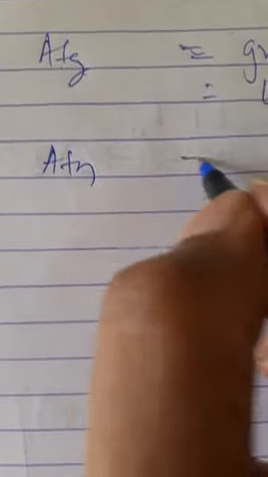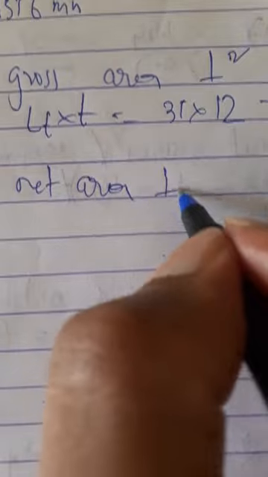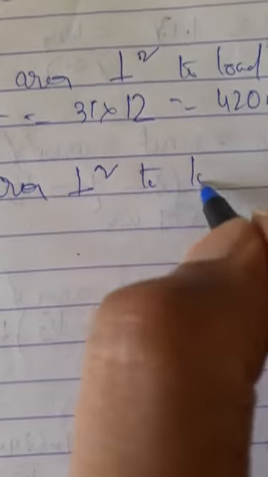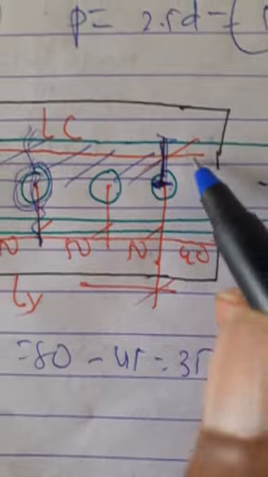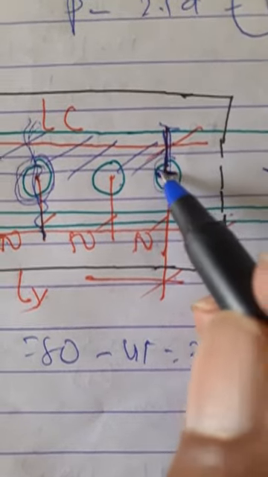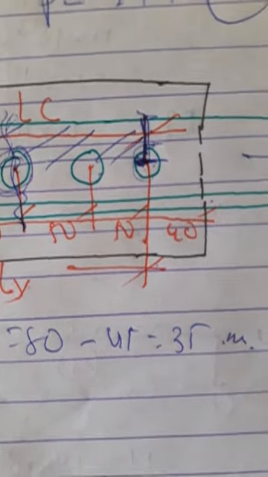Next, Atn. T is tension, meaning perpendicular, N is net. Net area perpendicular to load. Net area means you have to subtract the bolt. Lt minus, here in this direction a full bolt is there, of which half is considered here. So d0 by 2.